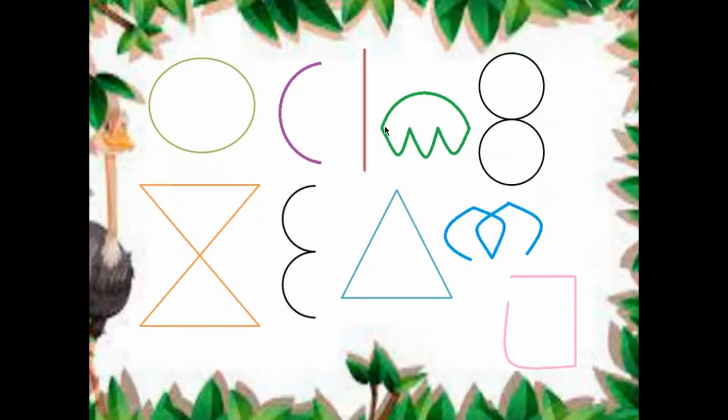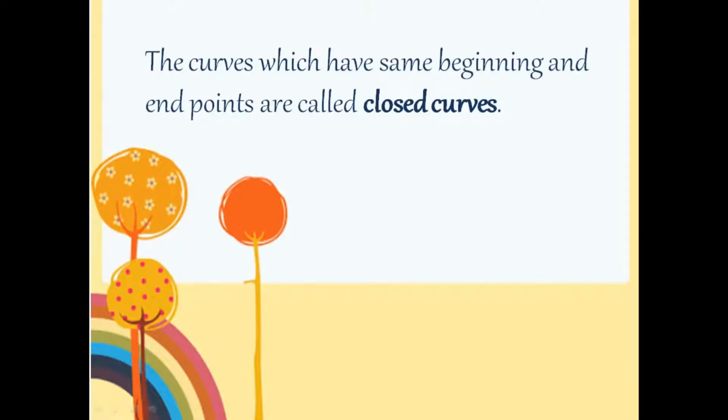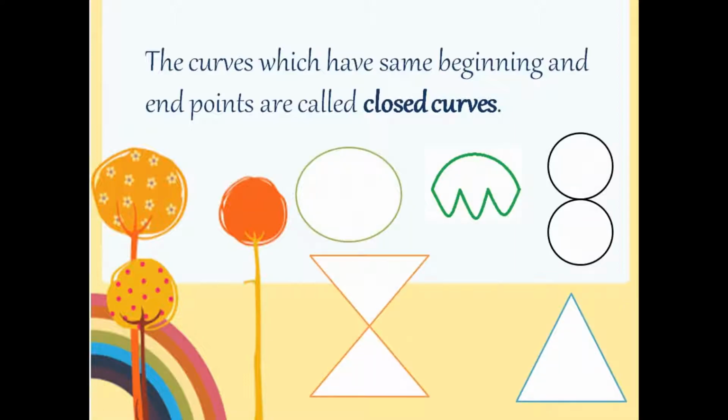This figure also, I can draw like this, starting from one point, moving and reaching the same point itself. So all the closed curves have the same starting point and the same end point. So the curves which have the same beginning and end points are called closed curves. These are all closed curves.